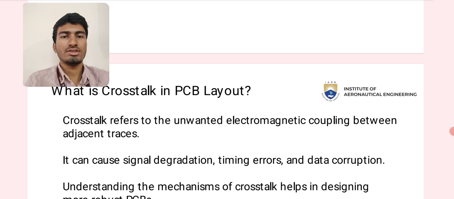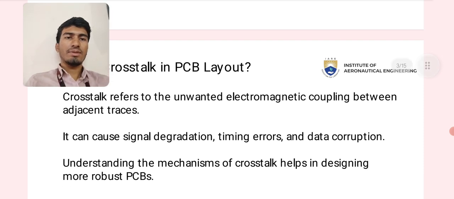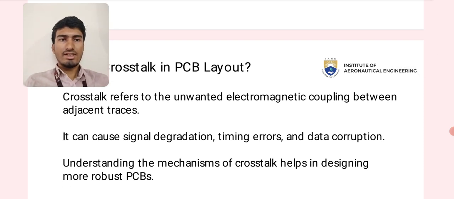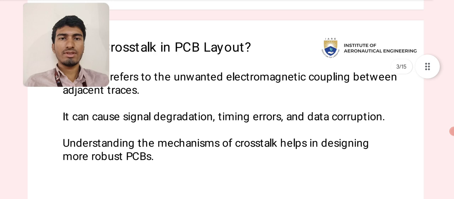It can cause signal degradation, timing errors, and data corruption. Understanding the mechanics of crosstalk helps in designing more robust PCBs.